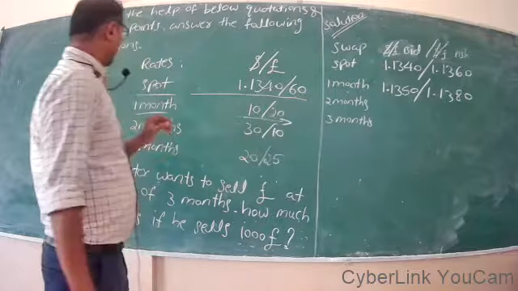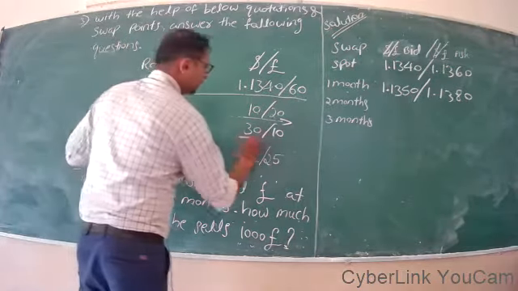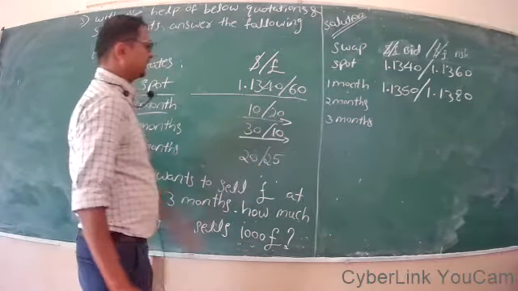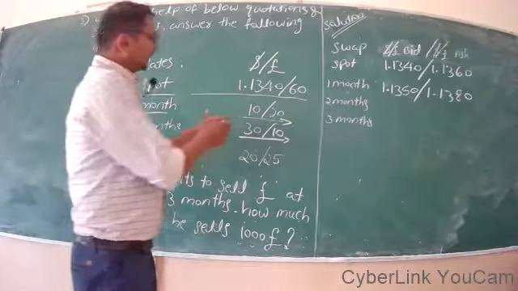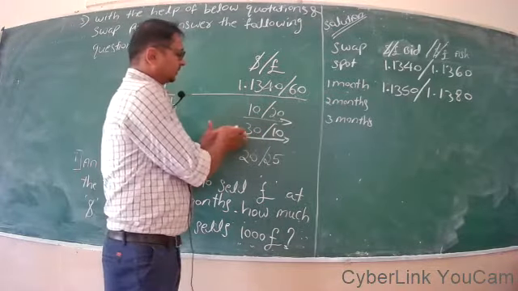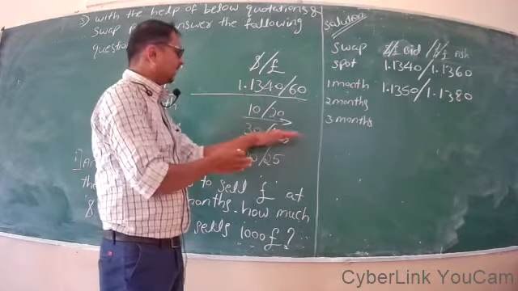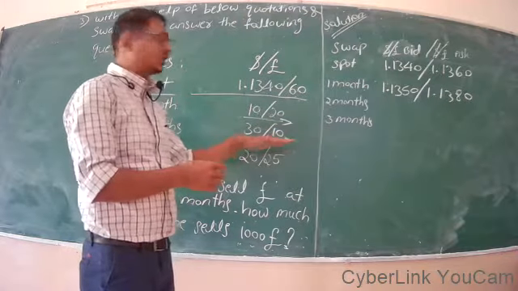Again, for 2 months, they have given 2 months swap points as 30/10. Reading from left to right, it starts from 30 and ends with 10. That means it is decreasing in order.